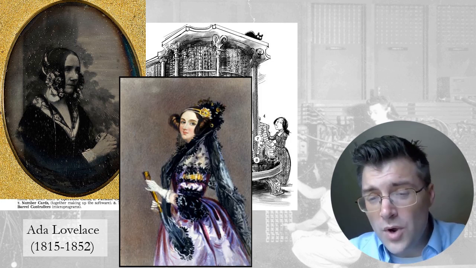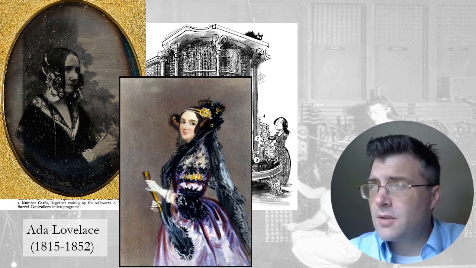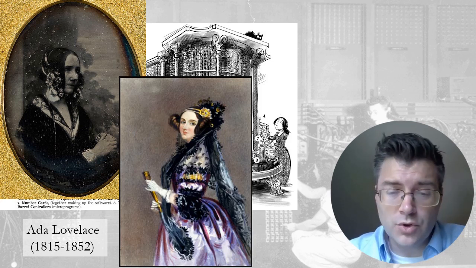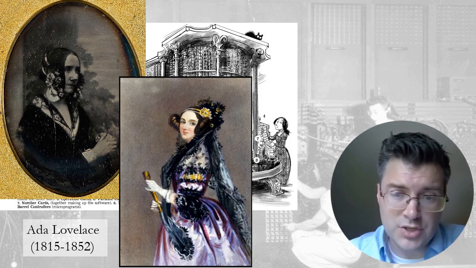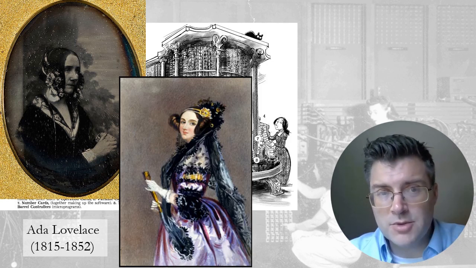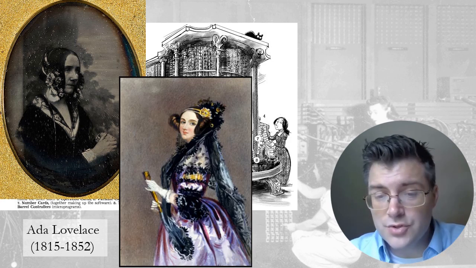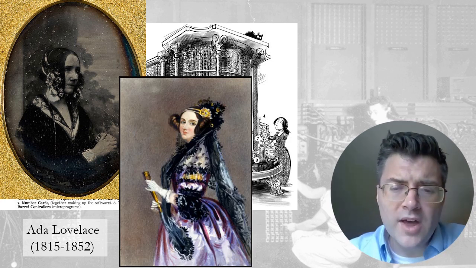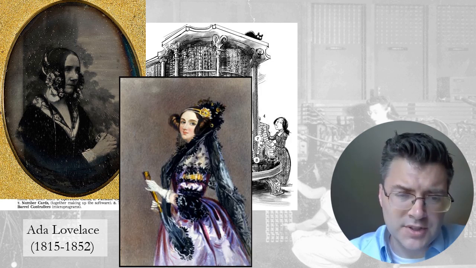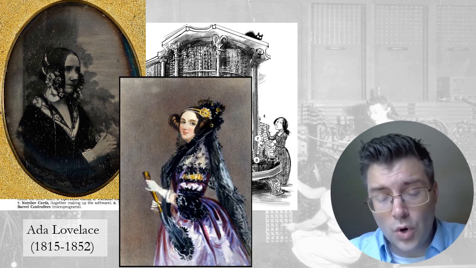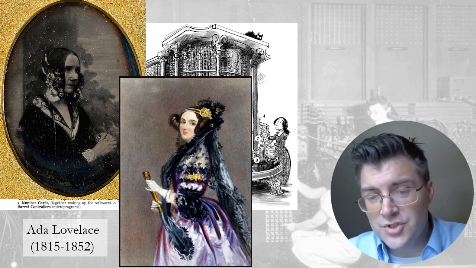And she also was one of the first really reflective theorists about what computers were and what they could potentially do. And so she has some interesting reflections there that will later be cited by Alan Turing, that we'll meet shortly, about whether we could say computers are intelligent or unintelligent, given that they only do what they're programmed to do.